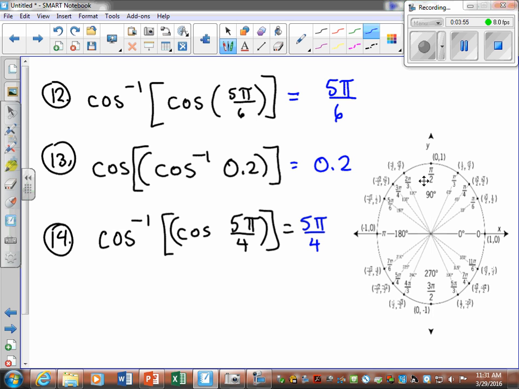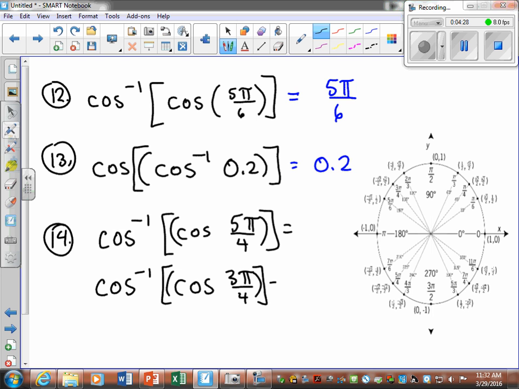So can I find an angle up here that has that same cosine value but is in our region? Yes, it looks like 3 pi over 4. It has that negative square root of 2 over 2 for the cosine value. So I could rewrite this as the cosine inverse of the cosine of 3 pi over 4, because this is in my region, and our answer would just be the x value of that, which is 3 pi over 4.